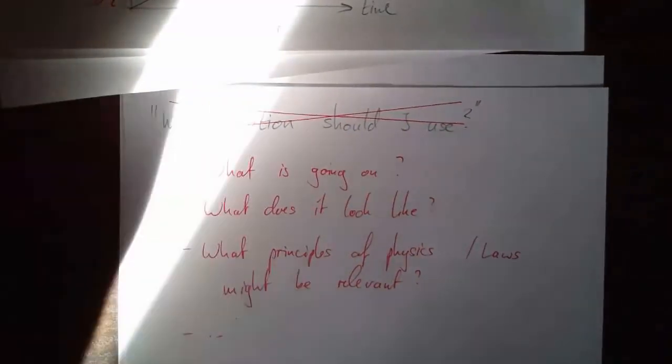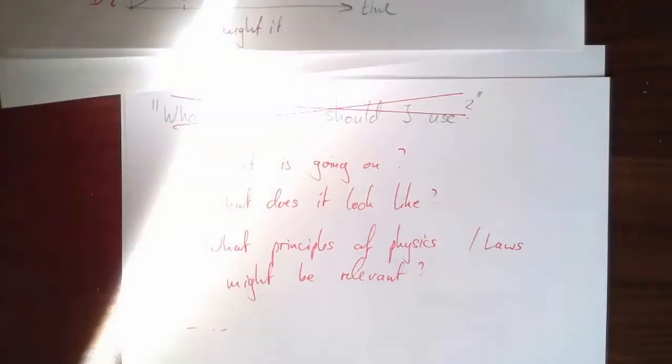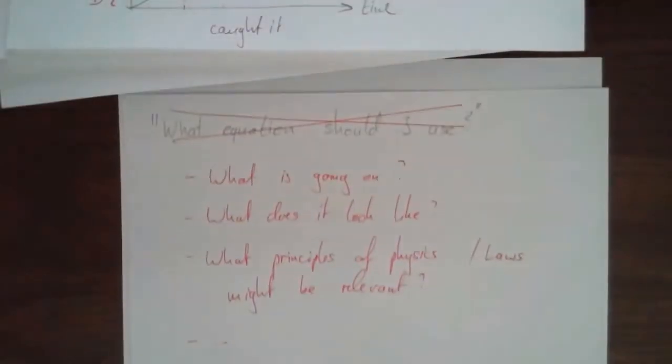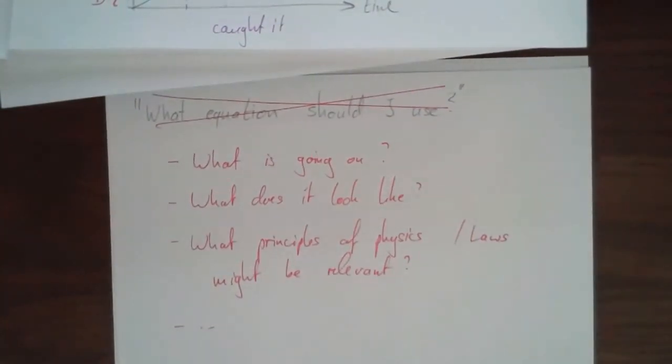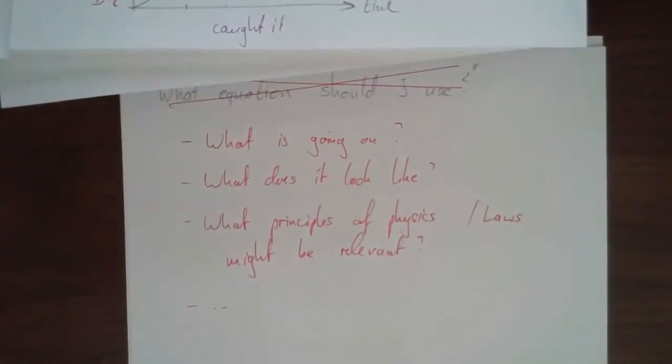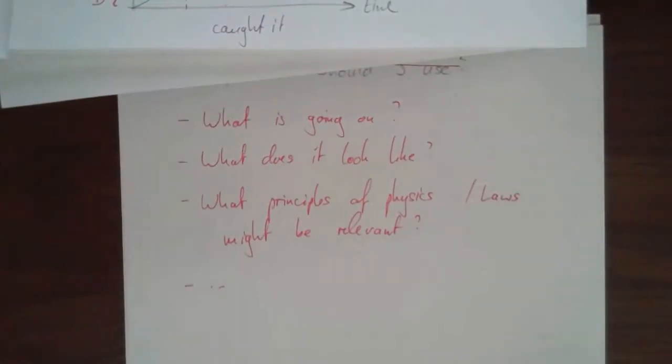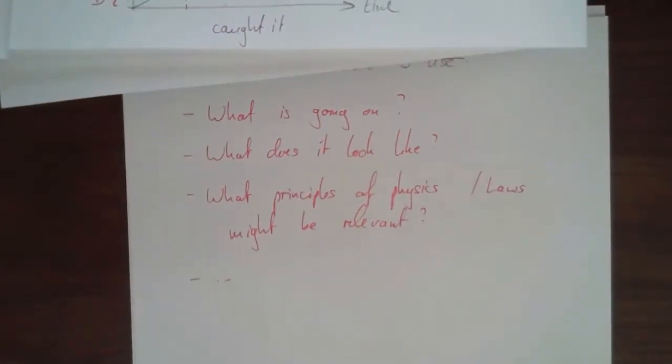Now, before I leave you, let me come back to what I showed you earlier, where I said never ask what equation should I use. But what equations did we use? Well, certainly we had math, the quadratic equation and so on.